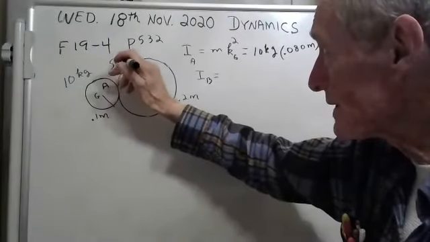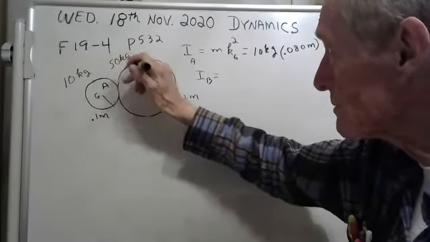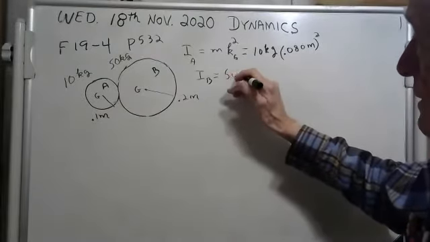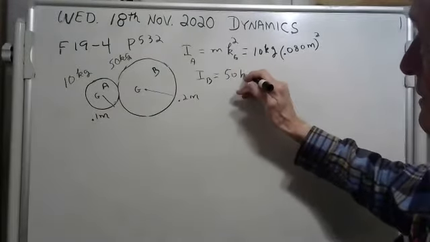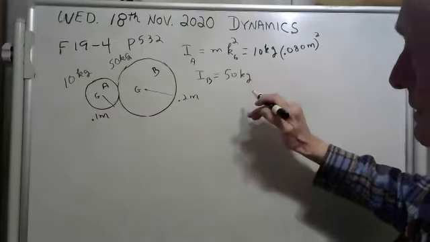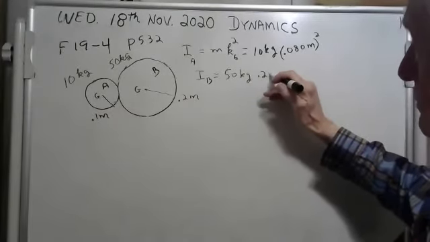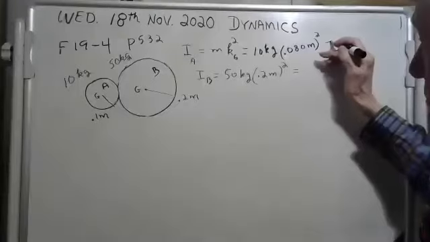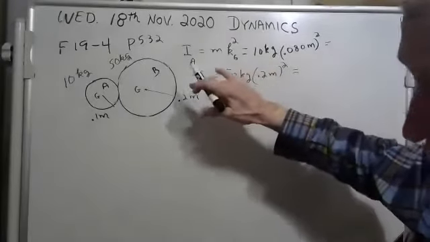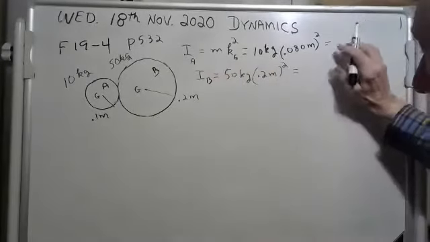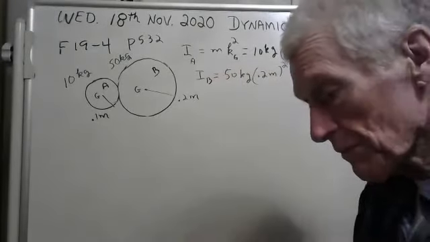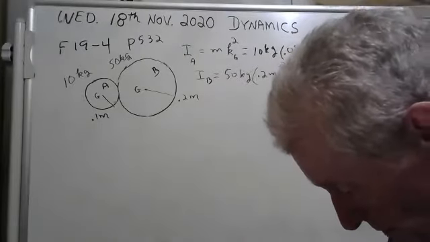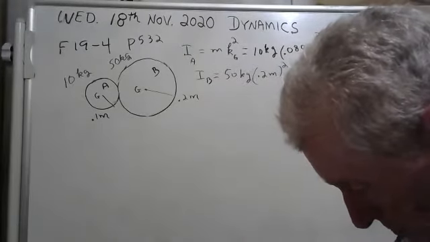It's 50 kilograms, and it's going to be 50 kilograms times 0.2 squared. Okay, I'll shut up for a minute. I want you to get those moments of inertia for me. Go ahead, do that, please.